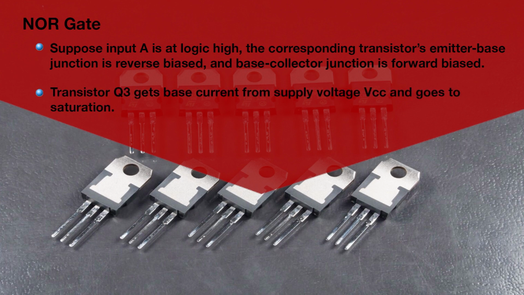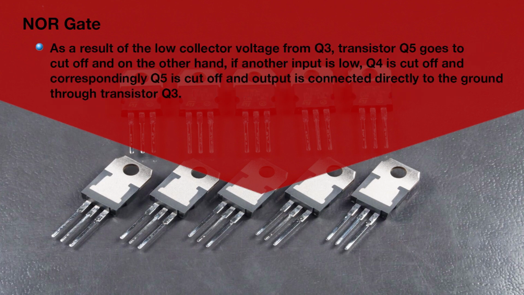Transistor Q3 gets base current from supply voltage VCC and goes to saturation. As a result of the low collector voltage from Q3, Q5 goes to cut off.